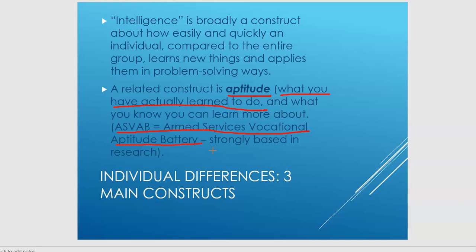And the Army wanted a quick paper and pencil test to identify people who would be most likely to succeed in command positions versus people who needed to do more enlisted work. So at the beginning of the 20th century, that was the main push for the development of written intelligence tests.